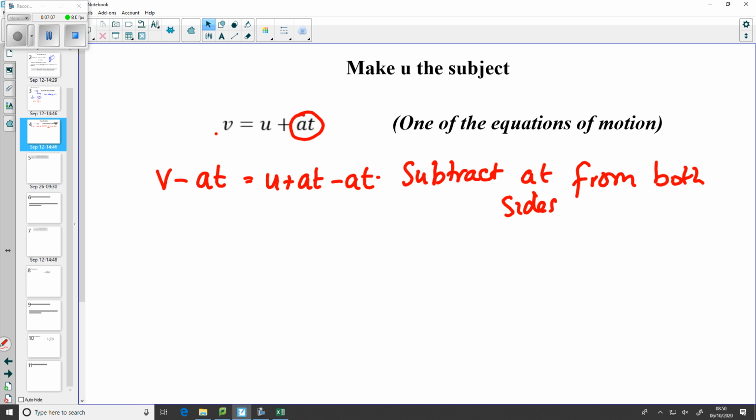And like I say, eventually we won't bother to write it out longhand. I would like to see you doing the separate steps to move things when we get to more complicated formulae. But here, at plus at minus at cancel out. And therefore we end up with u is equal to v minus at.